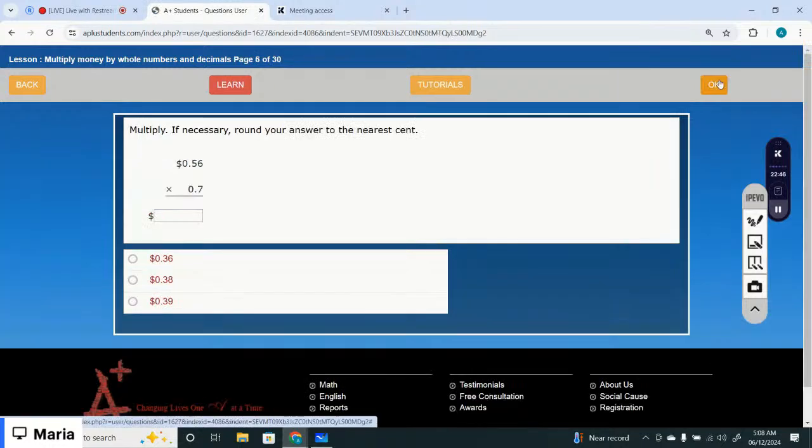Multiply 0.7 times 0.56. So which is the correct option?